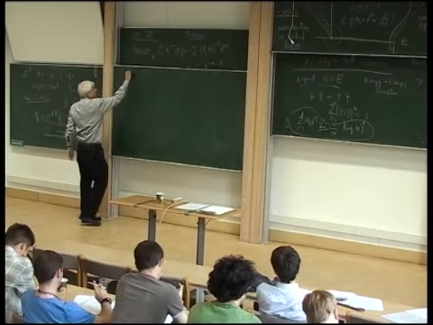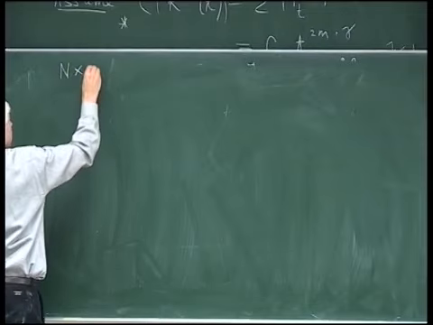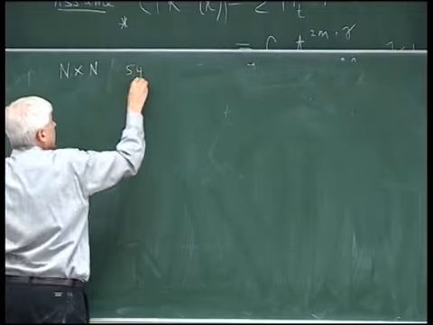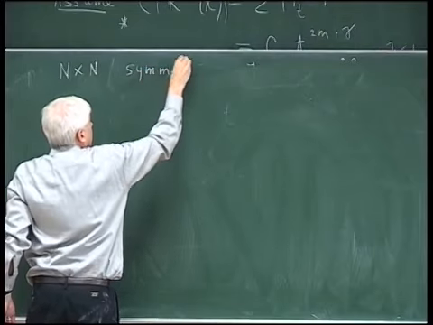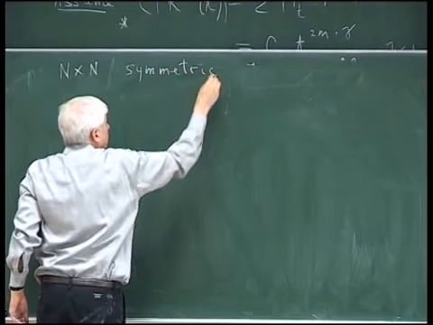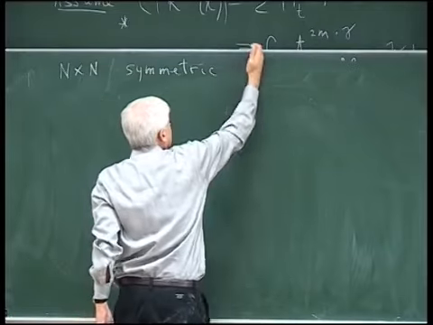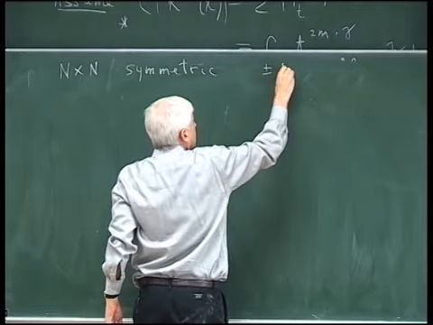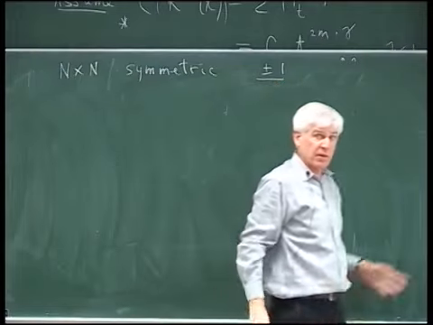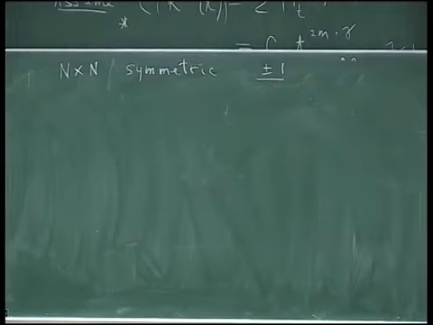You have an n by n symmetric matrix with entries which just take values plus or minus 1. They're independent entries, plus or minus 1.